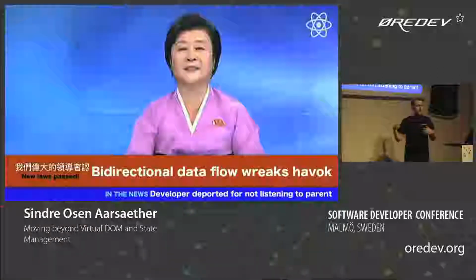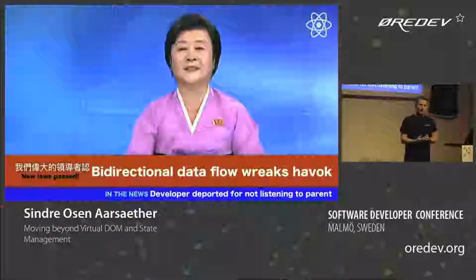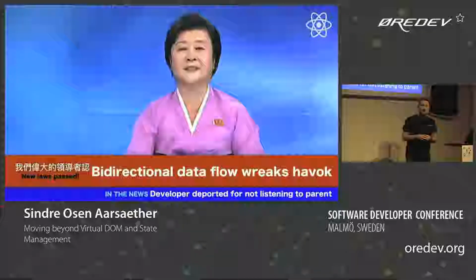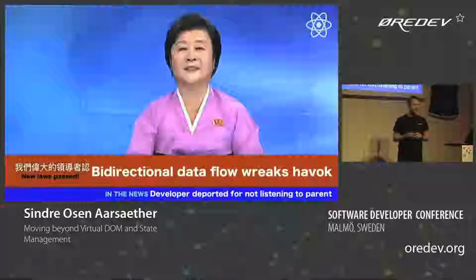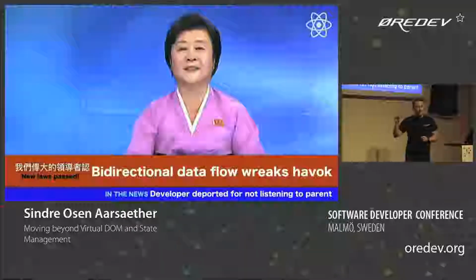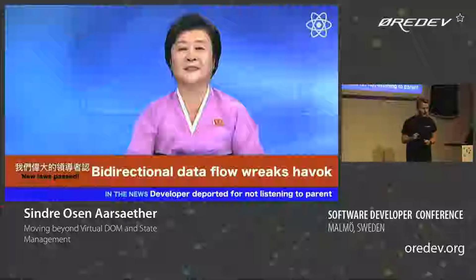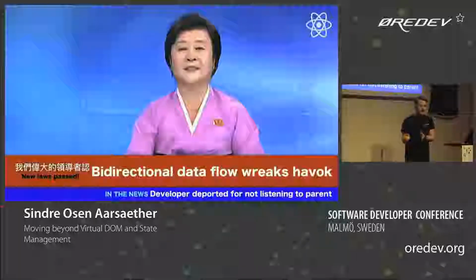So the first lie, the first thing we really need to get all of you to believe, is that bidirectional data flows are just bad for everything. We need you to believe that everything must come from the parent and down in a strict hierarchy.